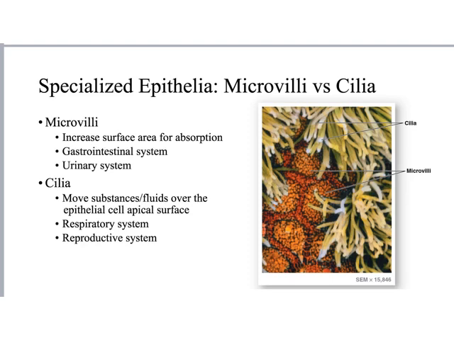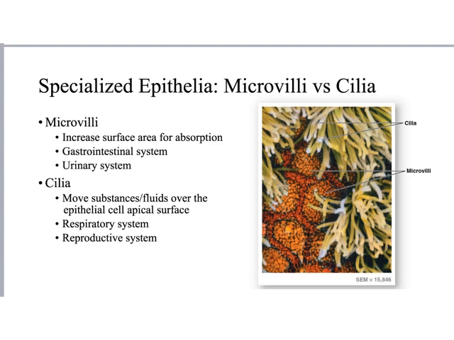There are some specialized epithelia that I just wanted to mention. I talked about microvilli and cilia in an earlier lecture, and this is just showing them again, but now in the context of epithelia. Epithelial cells in the small intestine, for example, are going to be lined with microvilli because the function of the small intestine is to absorb nutrients that are flowing through the lumen of the small intestine.